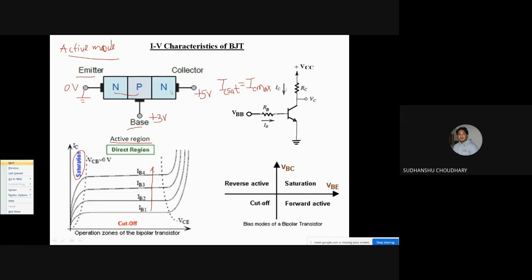So the base collector junction is reverse biased, and now my transistor is in the active mode of operation.